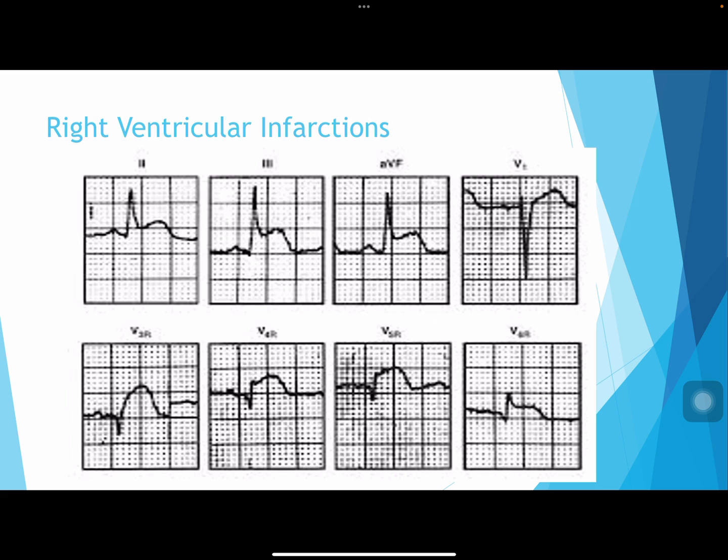And then you'll also have T wave changes and ST segment elevation in the most rightward anterior lead, V1. So you'll see the inferior changes and those changes in lead V1. So that is something to pay attention to. I did not see these as much, but I know that it has happened. And so if you do get exposed to this, definitely pay attention to your EKG and learn from it.